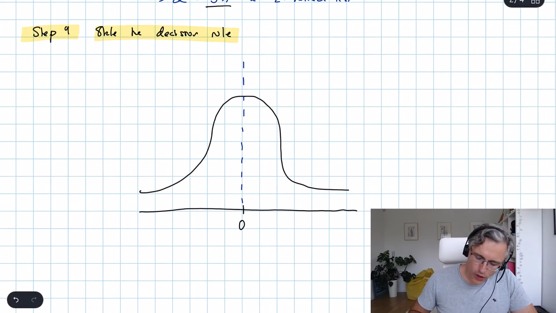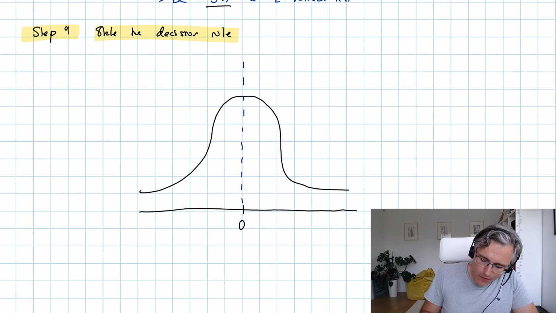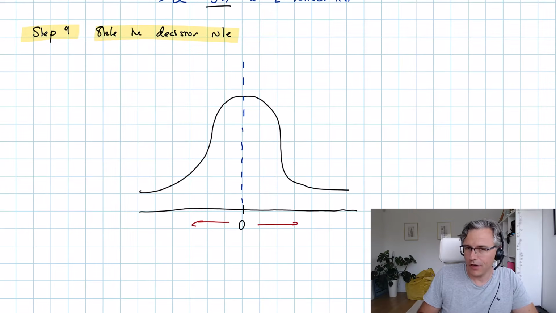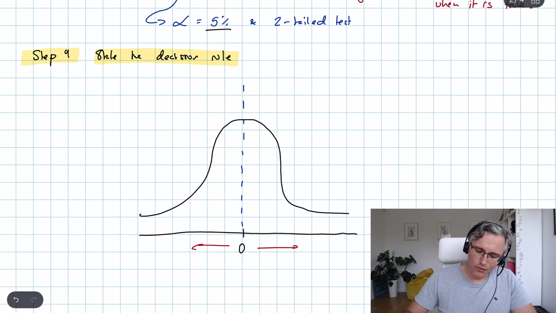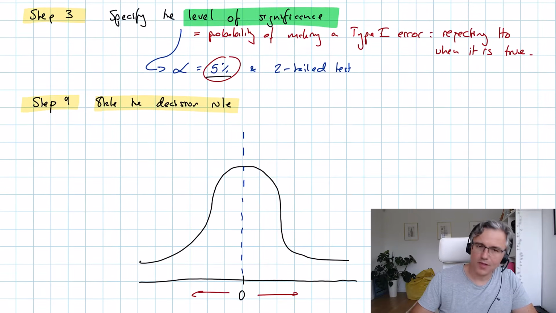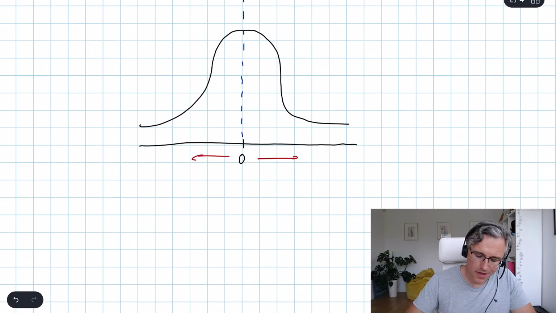Now, the thing is, we want to check how far away from the 0, from the middle, we would have to go so as to have 5% probability left in the tails here.